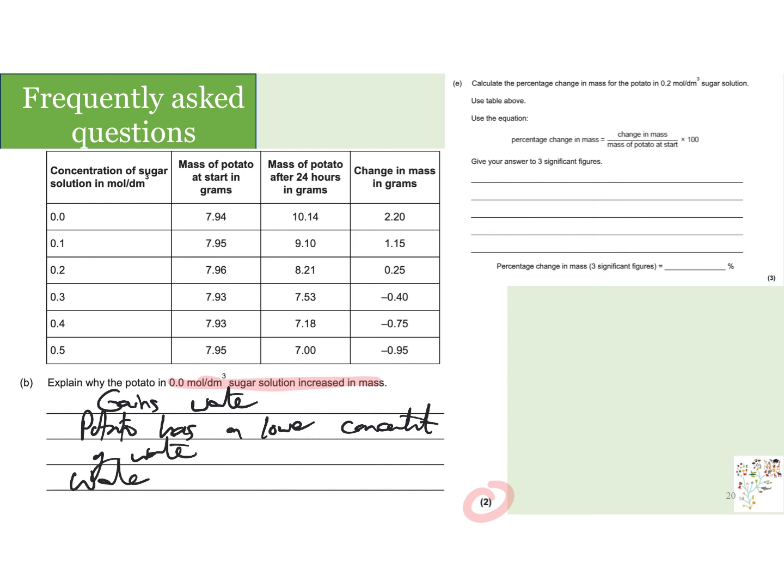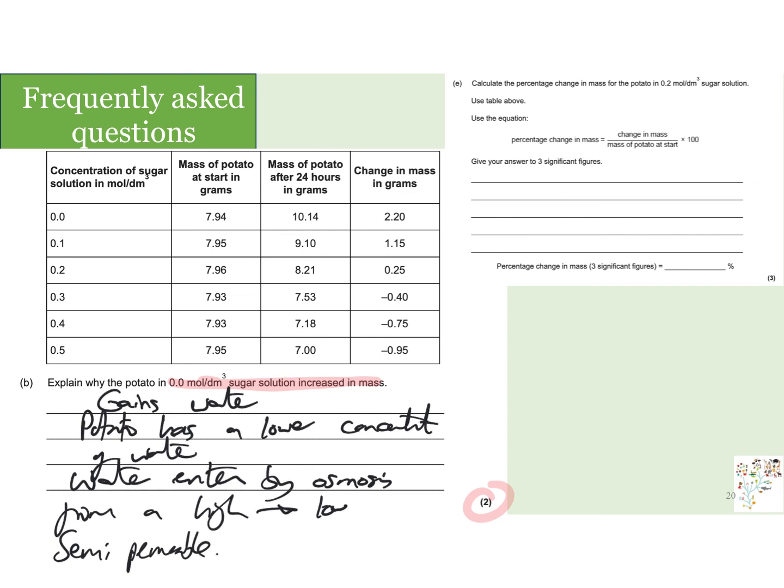So water enters by osmosis from a high concentration to a low concentration through a semi-permeable membrane. Calculate percentage change in mass divided by the mass.